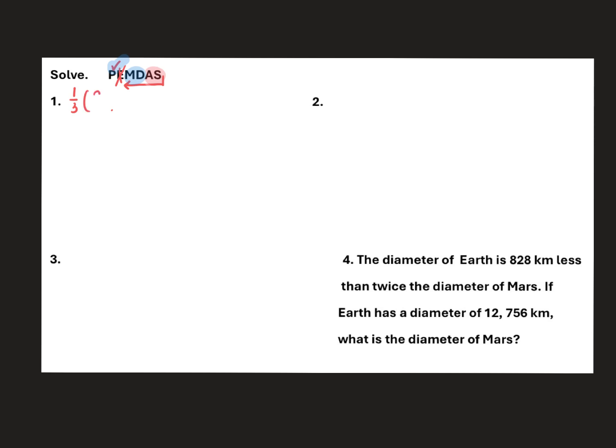Our first equation is 1/3 times the quantity 2x minus 57 plus 1/3 times the quantity 6 minus x equals -4. The first thing I'm going to do is distribute.